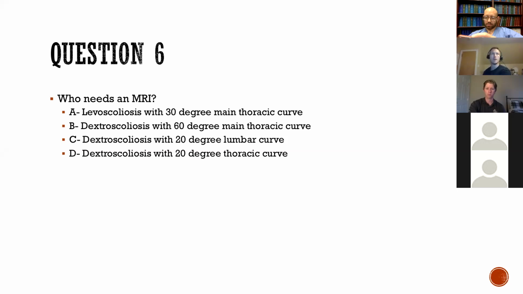I don't know if this is proven anatomically, but one of the things that helped me remember that a levoscoliosis is the atypical, the unusual, and this is a thoracic curve: levoscoliosis in the thoracic spine is atypical because if the apex is to the left, that means the concavity is to the right, so there's less space on the right side of the body, and the right side of the thorax houses the liver, which is the largest solid organ.